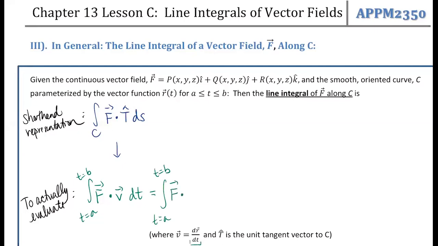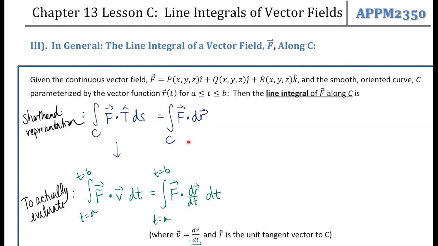Instead of writing it as velocity, we're going to say, well, that's the derivative of my position and then dt. That's going to lead us to another shorthand notation we'll put up above, which is saying a nice way to think of this is just as F dotted with dr. Because really what we did down below was we noticed dr/dt times dt here. My shorthand would just be to call this F dot dr.